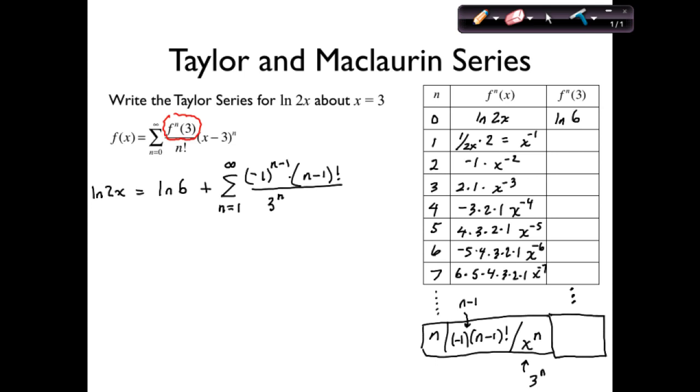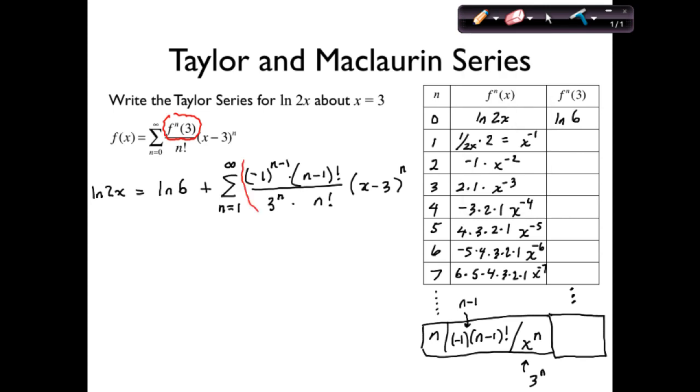So what else is there? Yep, we're going to need the n factorial. It's part of the coefficient. So I'll circle this in red also here.